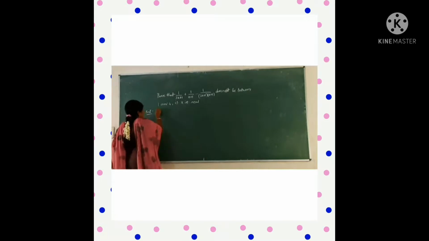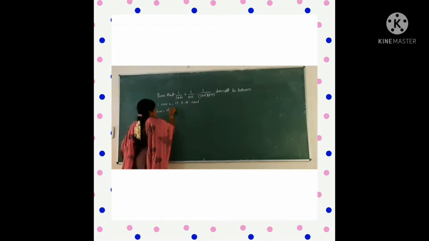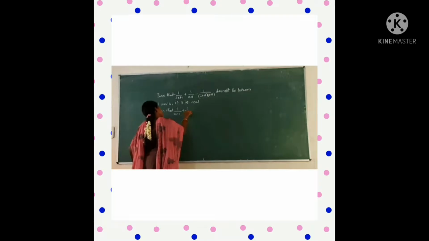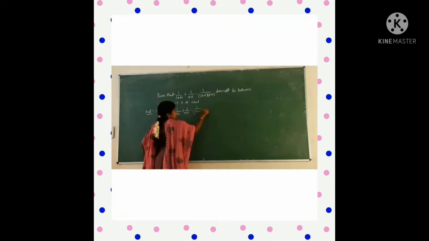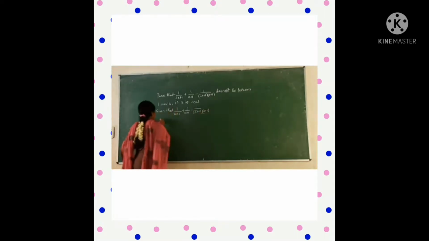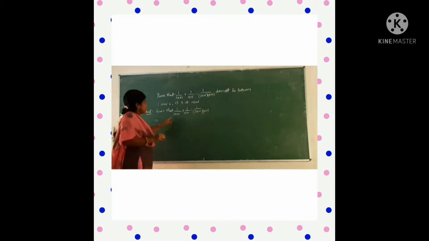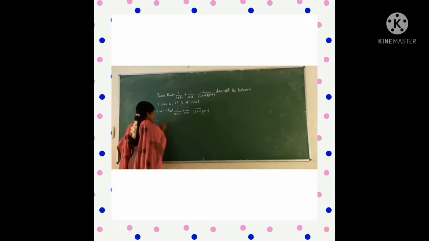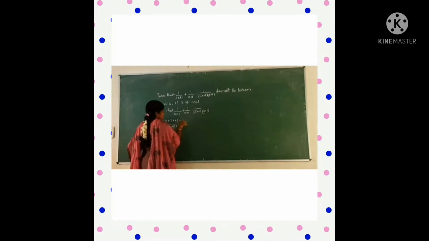First, the given fraction is 1 by 3x plus 1 plus 1 by x plus 1 minus 1 by 3x plus 1 into x plus 1. Okay? Now this is a fraction, that's why we take the LCM. 3x plus 1 into x plus 1, and here x plus 1 plus 3x plus 1 minus 1.